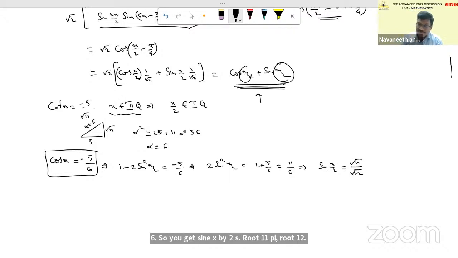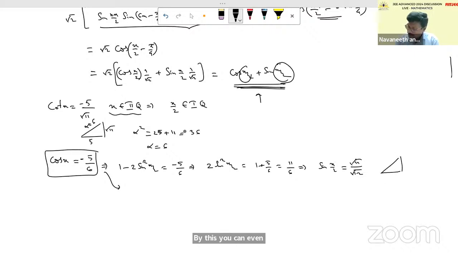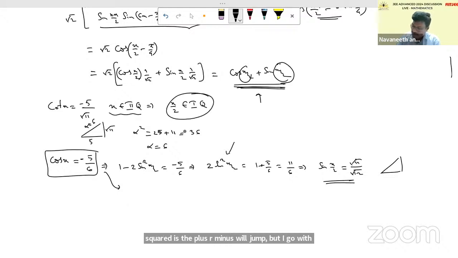Hope I'm clear. Anybody have any doubt in between? You can raise your voice. By this, you can find x by 2. Here plus or minus will come because sine square is there, but I go with plus sign because you know that x by 2 is first quadrant.